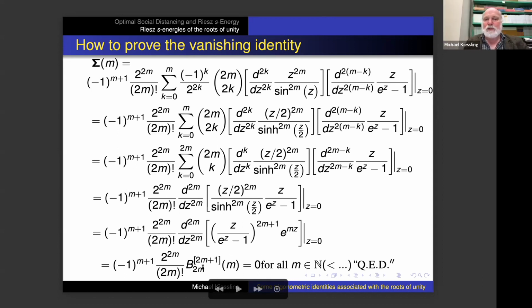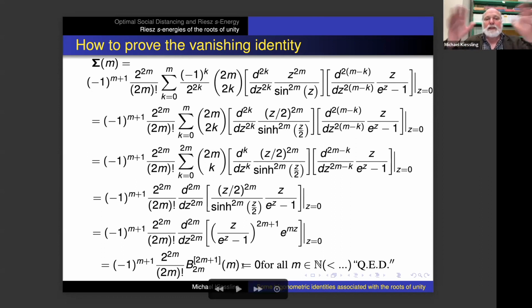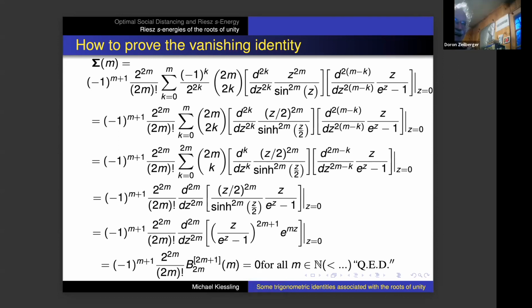If you prove this, then you are done. I'm almost sure that it's known because it's beautiful. Possibly, but I didn't find it; there are so many zeros of Bernoulli polynomials listed. I couldn't find this explicitly listed. That's very funny. Maybe I typed in the wrong keywords, but I looked a lot because I'm pretty sure this must be known.